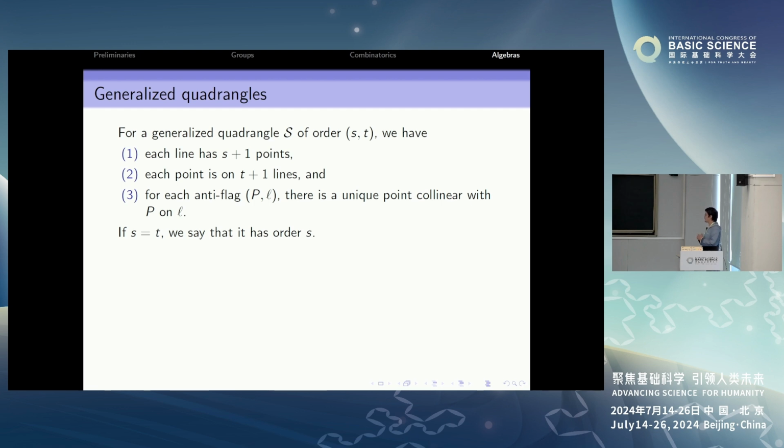So the third one is equivalent to that. It has no triangles. That is, its incidence graph has diameter 4 and girth 8.